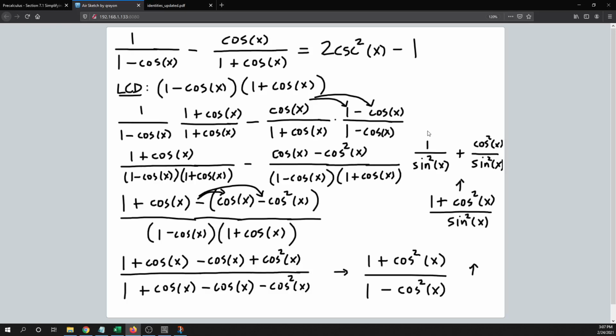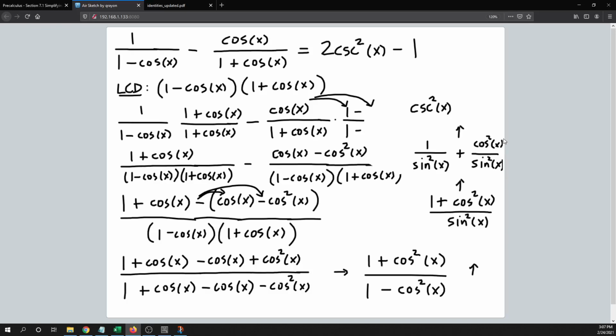I'm going to make a little bit of space right here, so hopefully it doesn't look too cluttered. All right, and then moving up a little bit here, we can see that 1 over sine squared is equal to cosecant squared x, and that's looking good, because that's involved in the identity that we want over on the right-hand side.